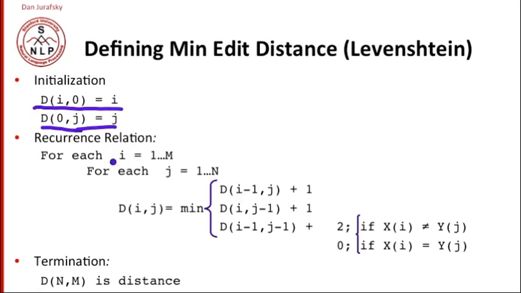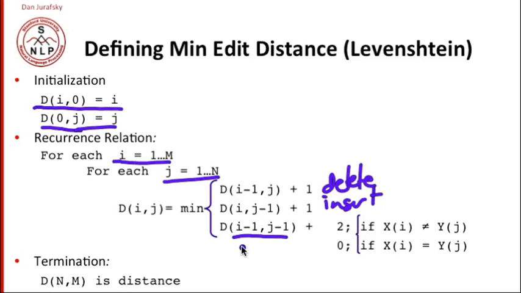So walking through string x and walking through string y, the distance in any particular cell of our matrix is going to be the minimum way of getting to that cell from 3 previous cells. If we go from the string i that's one shorter, we're deleting one more thing in i to make it j, or we're inserting one thing into j to make it longer, or we're substituting between the previous string x of length i minus 1 and y of length j minus 1, and adding in a new character.